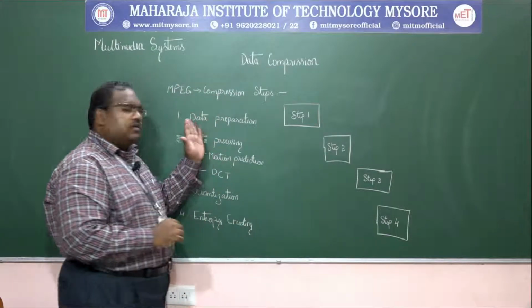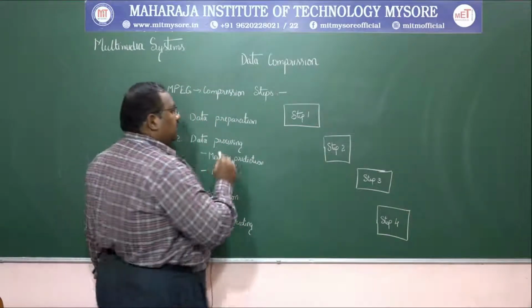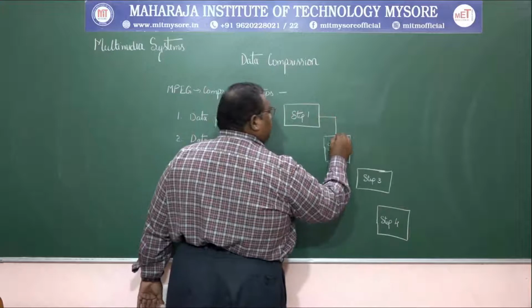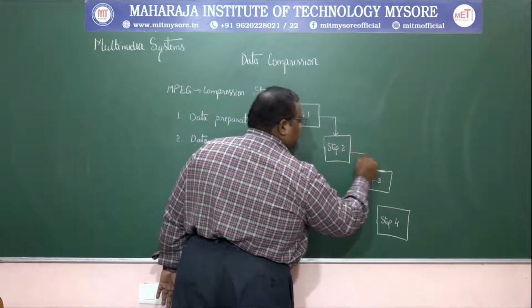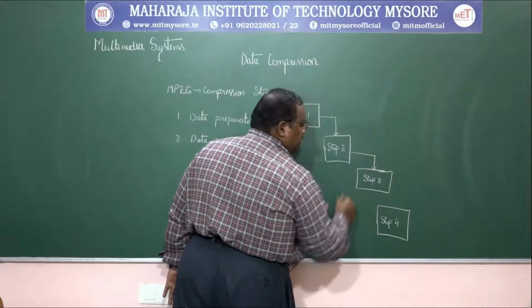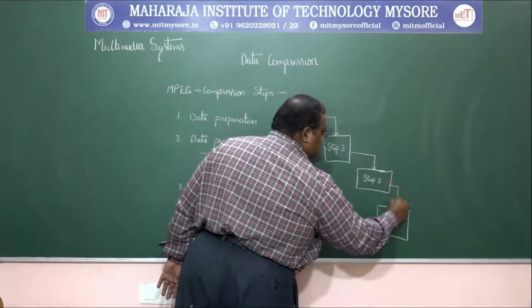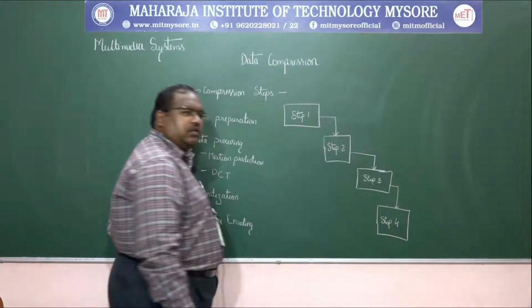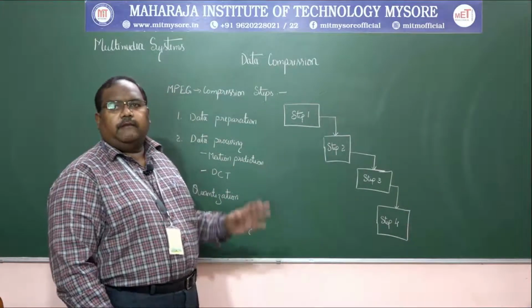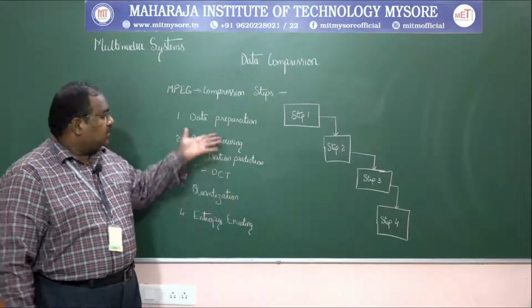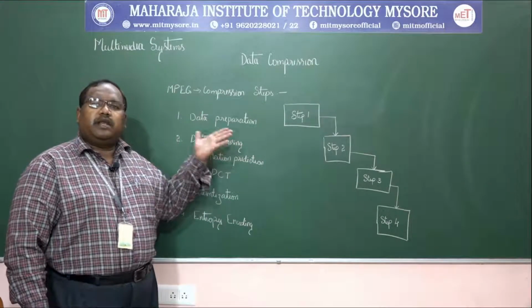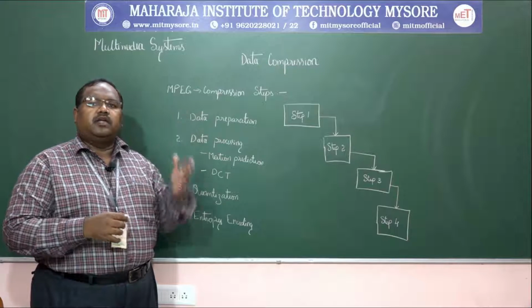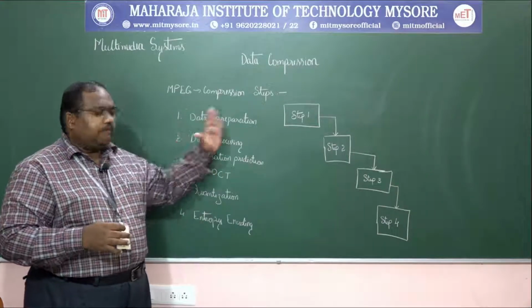Data preparation is followed by step 2, the data processing. The data processing is followed by the quantization. The quantization is followed by the entropy encoding. Now, this data preparation is similar to the preparation with respect to JPEG. So let us look into step 1.